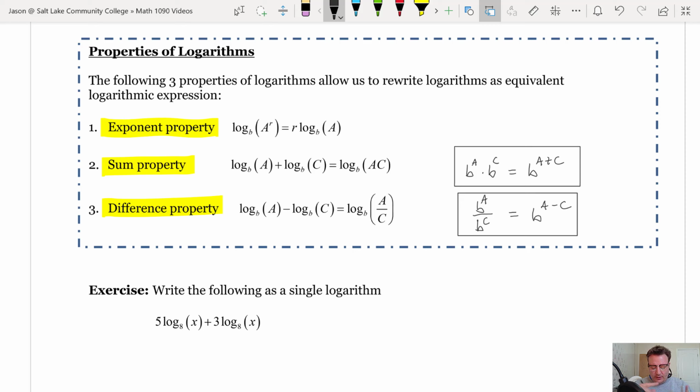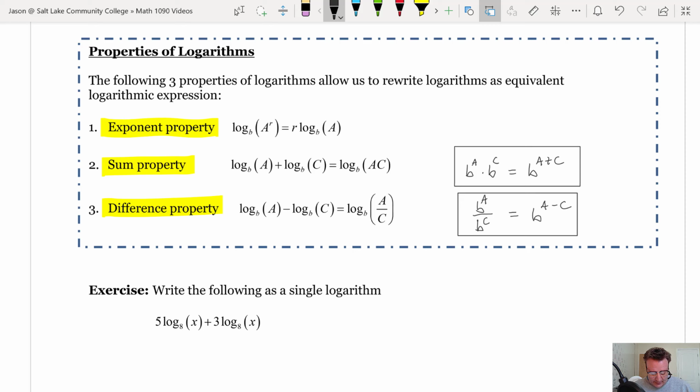Sometimes you do want to go the other direction. So you can use these properties either way to break apart the logarithm of a complex expression into the sum of simpler logarithms. Sometimes you want to do that. Okay, but typically we're going to go in the forward direction, like this first exercise.